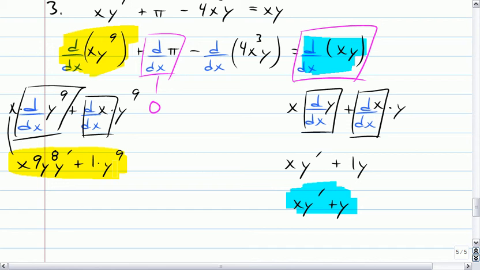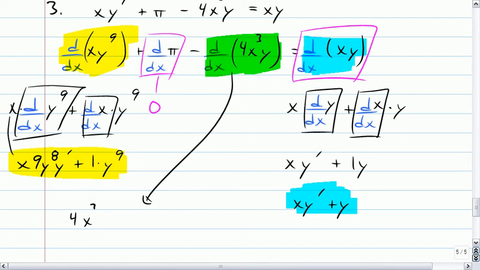And then we got one more. You got the green one here. Product rule. So you got your 4x cubed times the derivative with respect to x of y plus the derivative with respect to x of 4x cubed times what?